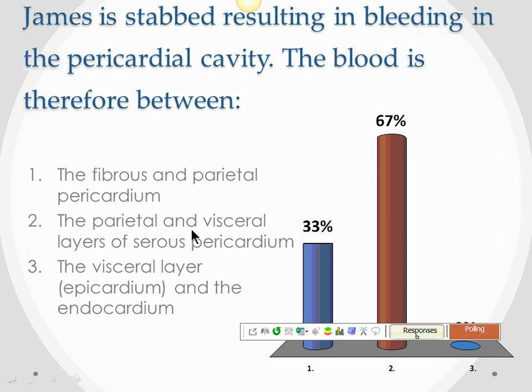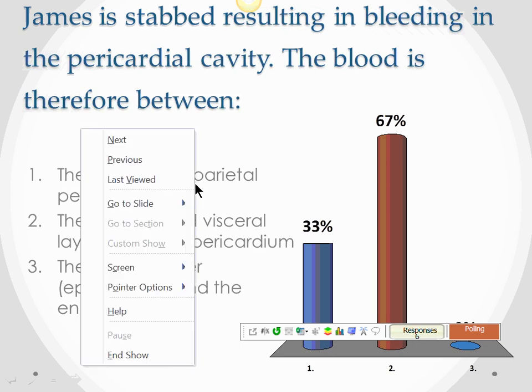The blood is lying between the parietal and visceral layers, not between the fibrous and parietal pericardium.